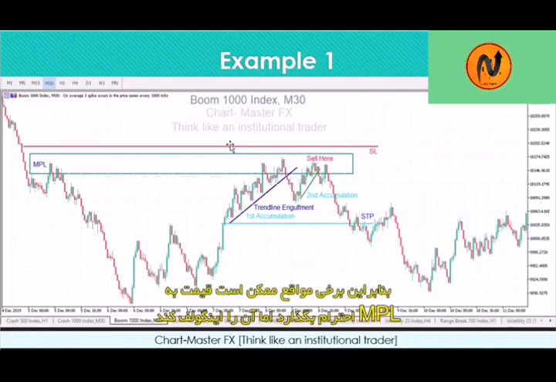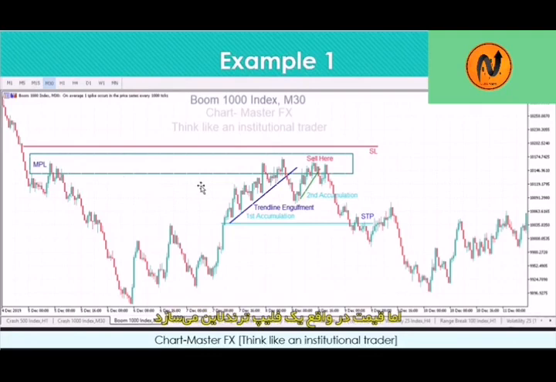You may see sometimes that the MPL may be respected and might be engulfed, but now the price actually does a flip trend line, guys, and you see all the conditions: this trend line has been engulfed and the price now is doing the second accumulation going towards that MPL. Then you take this as your new supply and you use it as your determinant of putting your stop loss.